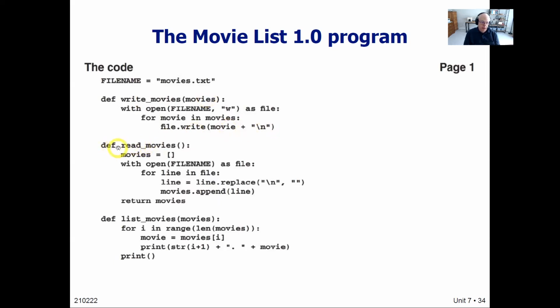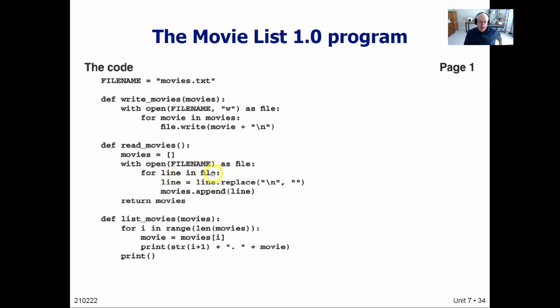To read the movies, we create another function. Just like we just saw, we create an empty list, and then we use a with statement to open up our file. We don't have to include the mode here because read is default, okay? Create the file object and go through each line. So for line in file, there's our for loop.